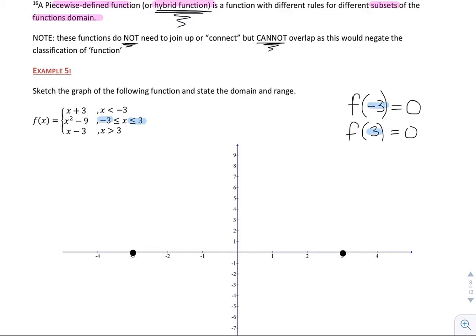I'm going to use a dotted line to represent it. This dotted line is one that I will remove after having graphed this line. So it goes through that y-intercept, it goes through the point that we already identified, at which point our graph actually exists. So we draw a solid line for anything less than -3.